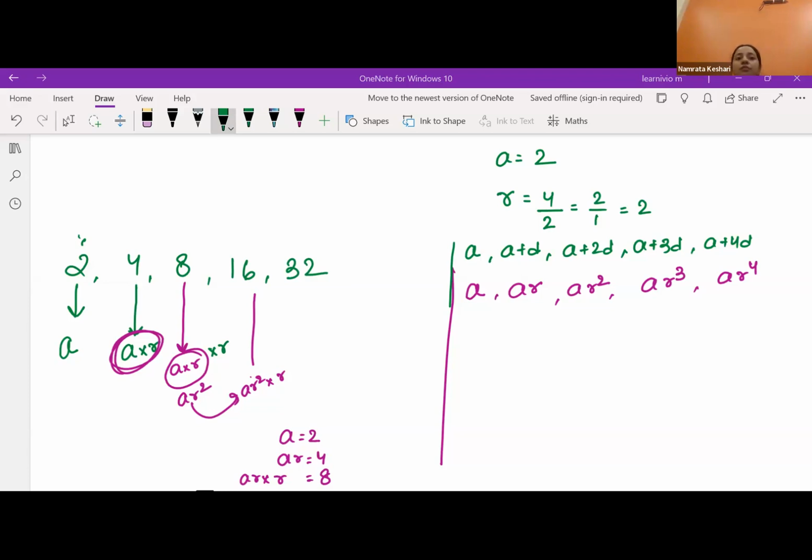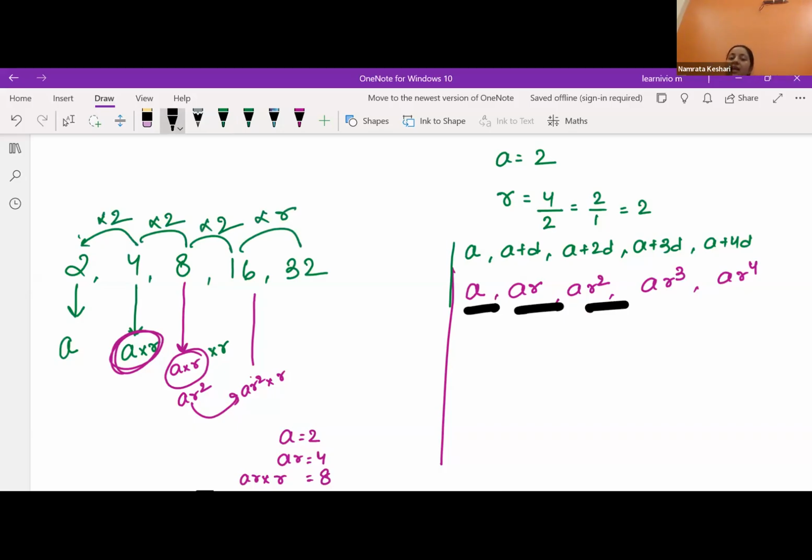So the way we were saying in AP, the first term is a, next term a plus d. Mathematicians have told us this, but we realized also over there that every time d is getting added, even though our d is negative or positive. So here we are realizing every time r is getting multiplied, and hence we are getting this pattern which mathematicians have given us, but we are feeling it by ourselves also. We are realizing, yeah, this is going on.